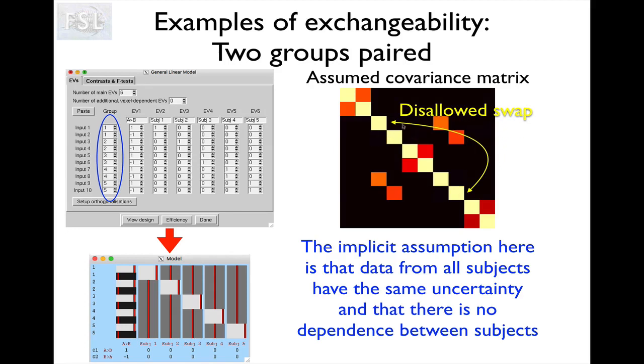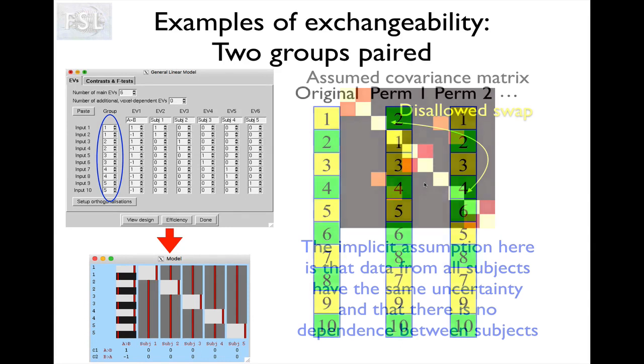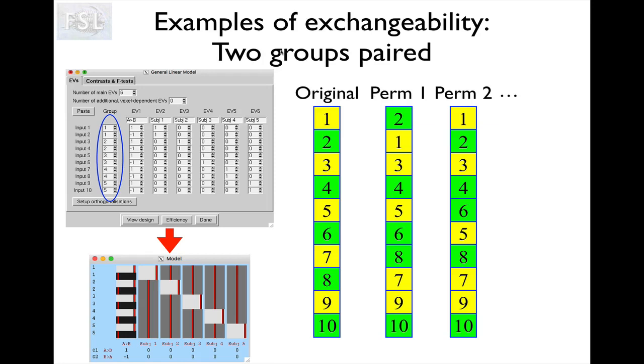But if I swap condition A and condition B between subject 2 and subject 4, we completely change the covariance structure. So this is not an allowed swap. And what we're doing here when we're doing the permutations, this is just an example.